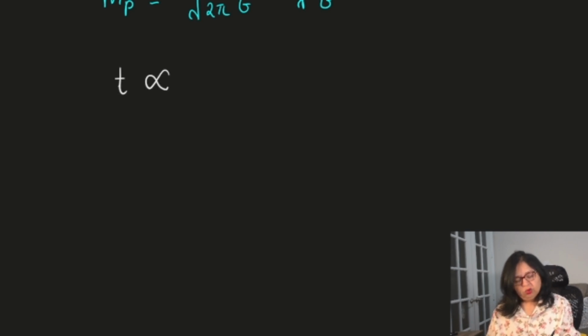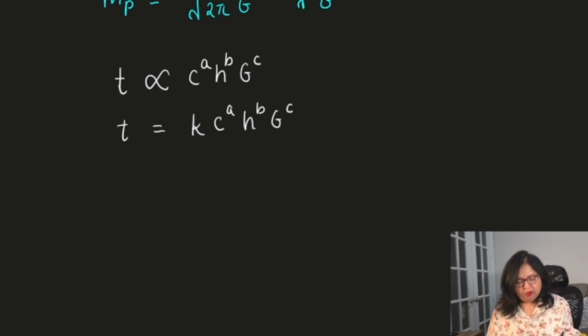This is going to be T is proportional to c to the power a, h to the power b, and g to the power c. Just like before, we get t equals k times c to the power a, h to the power b, g to the power c.